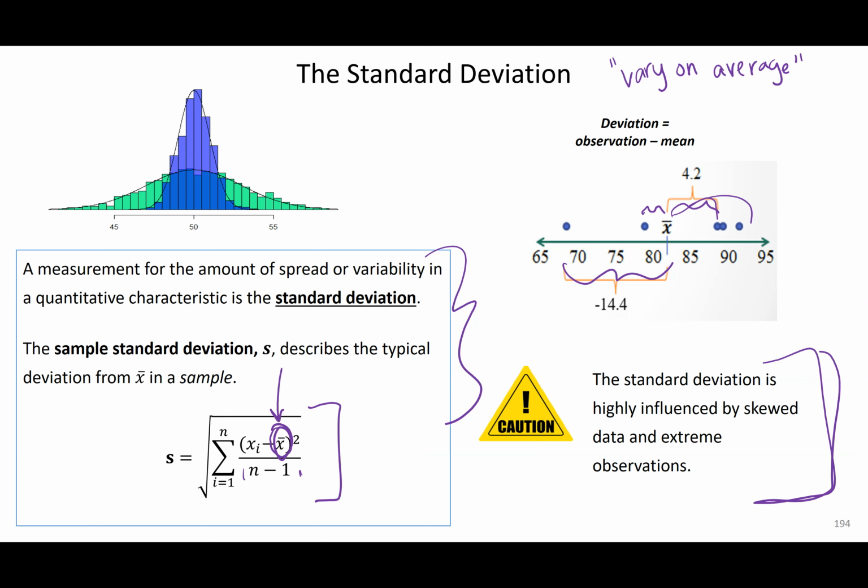So this warning is saying, hey, it's going to definitely be impacted if you have extreme outliers. It's pretty much the second the sample mean's bad, your standard deviation is going to be bad as well. So if you have very skewed data or extreme outliers, watch out. It may not be the measure of spread that you want to use.